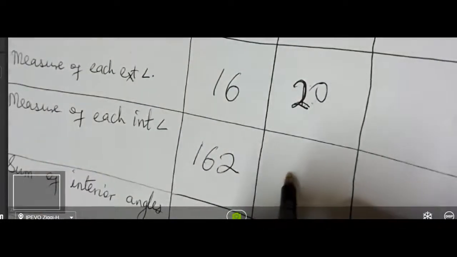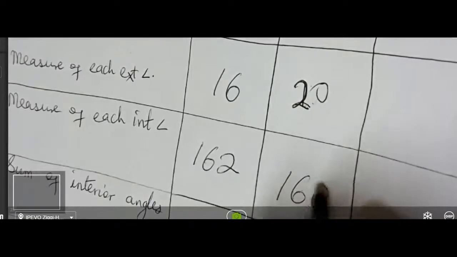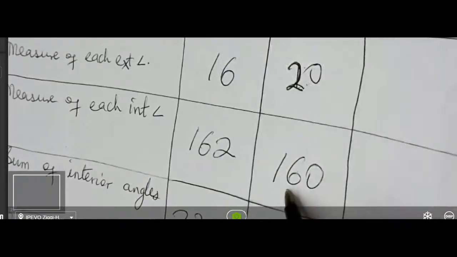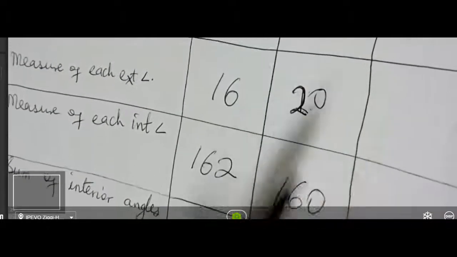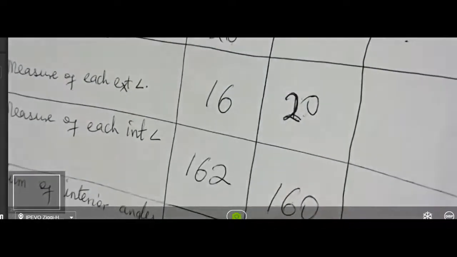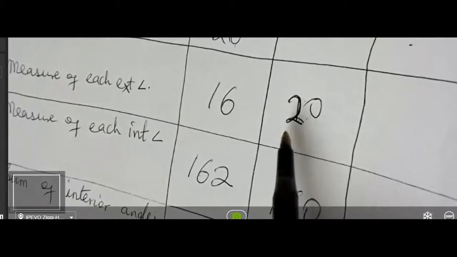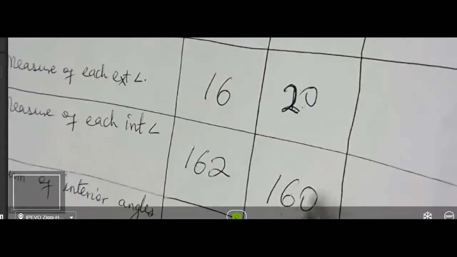So each interior angle is going to be 160, because they have to add up to be 180. So how many sides would it have? If you're going to have the same number of sides as angles, do we know how many angles there are?